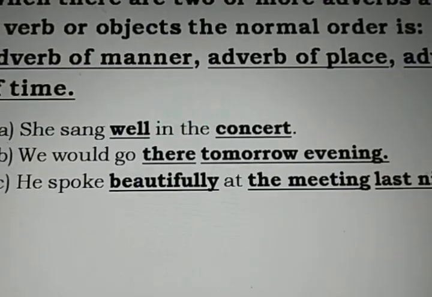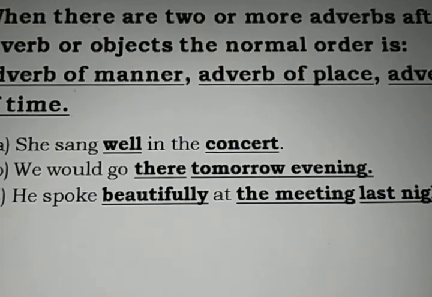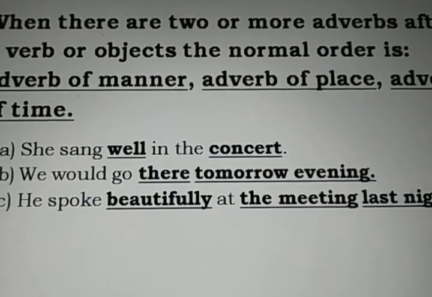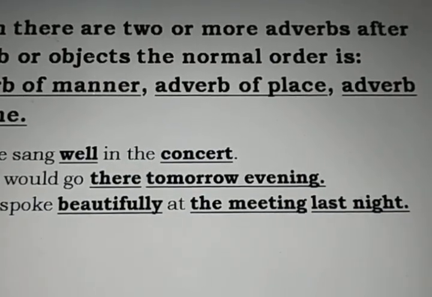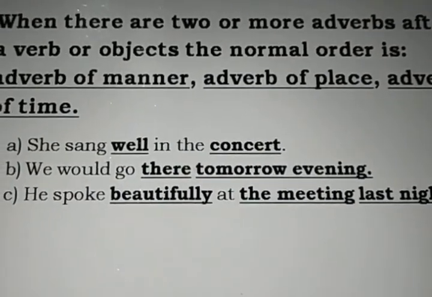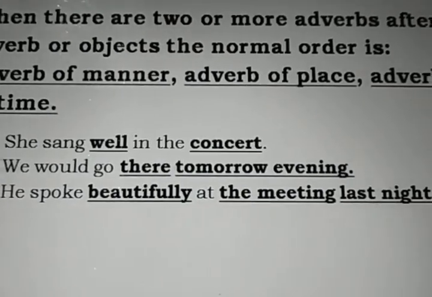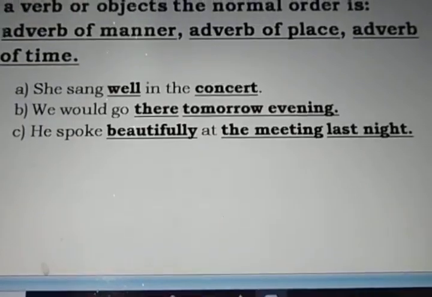Second one, he would go there tomorrow evening. Here also we have two adverbs. First one, there, that is the adverb of place, and tomorrow evening is the adverb of time. As per the rule we are keeping first the adverb of place and then the adverb of time.